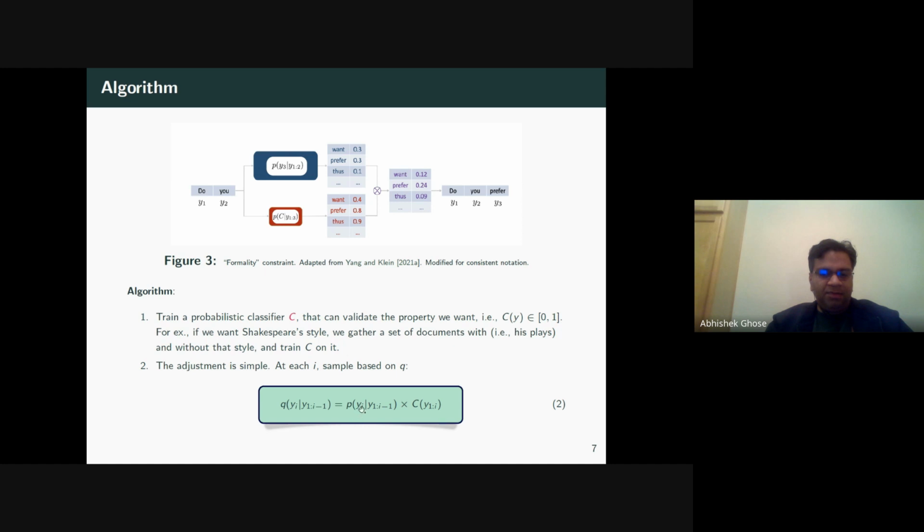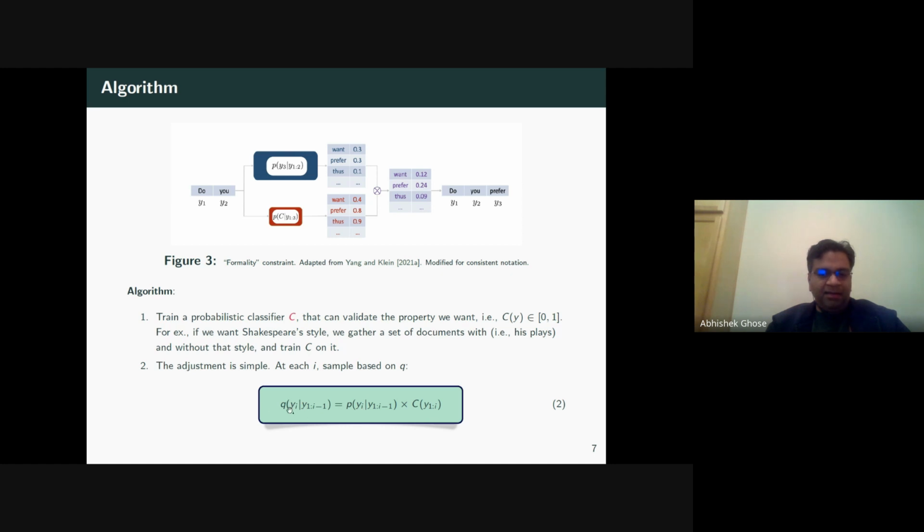The probability of yi getting produced, having seen the symbols thus far, is that you adjust it by multiplying it with the classifier score for y1 to yi, right? So whatever symbol you are calculating the probability for also has to be concatenated, and you let the classifier give you a score for that, and you multiply that with the original probability of that particular symbol yi, right?